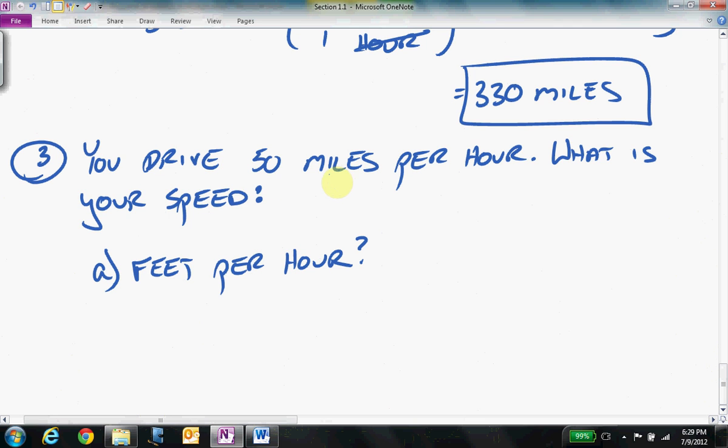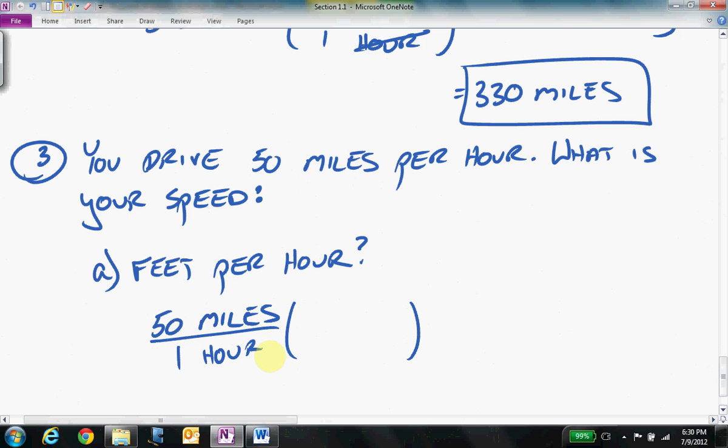So we only have one unit though. What do we do? Well, let's use that unit of 50 miles. And we're going to multiply that by a conversion, because it's 50 miles per hour.